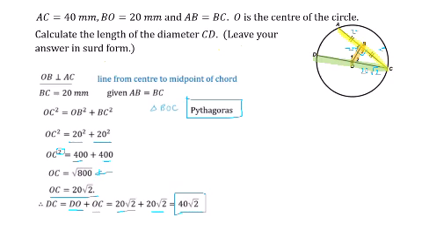So DO and OC are equal in length. That's why we added 20 root 2 plus 20 root 2, and that gave you 40 root 2 as the final answer.